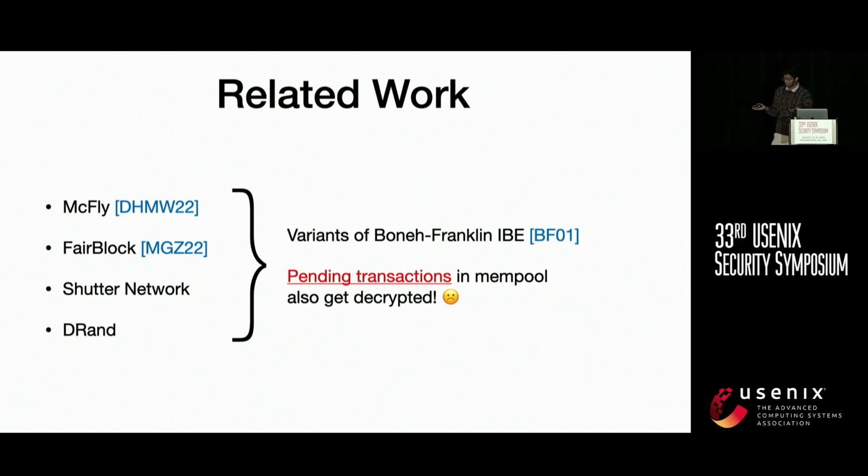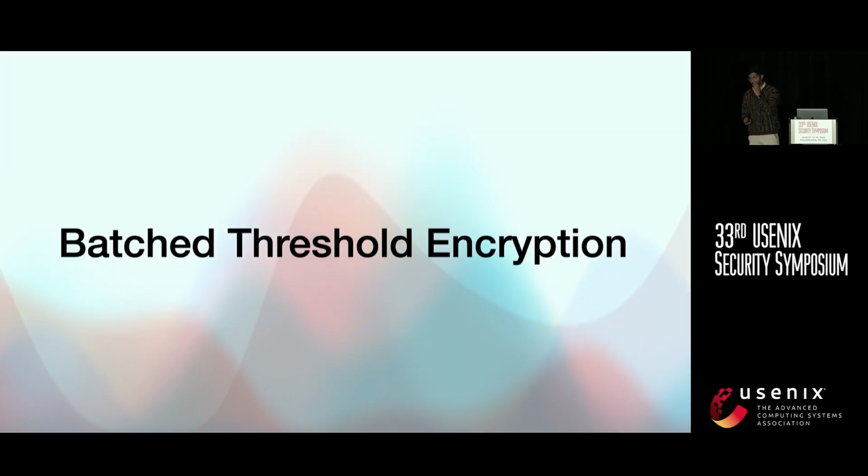So what this could mean is, let's say you're trying to make a huge trade, right? Buying millions of dollars of some token, but now your trade hasn't been executed, but people sort of know you're trying to buy it, and this could really lead to other kinds of front-running attacks. So what we would like is a system where if your transaction doesn't make it on chain, it just never gets decrypted, and this doesn't exist so far.